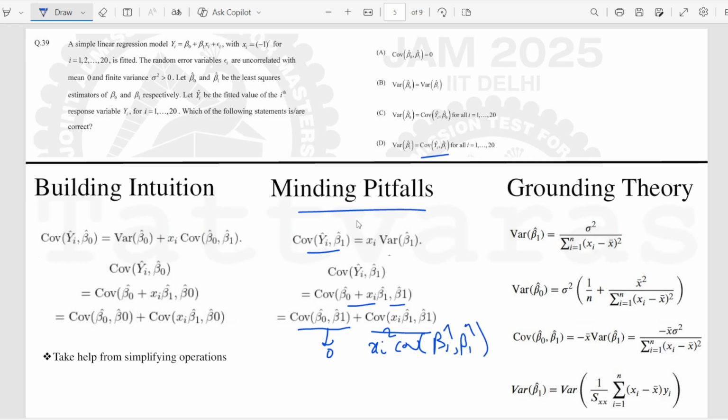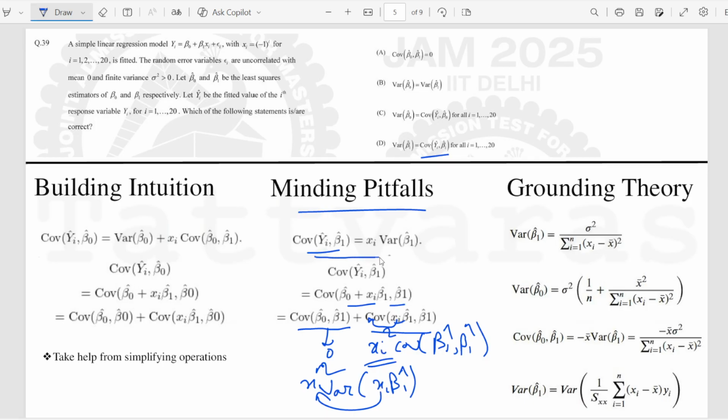And we may see that it's either -1 or 1, so the square is 1. But that's a mistake. When you have something inside the variance being taken out, then it becomes a square. But something inside the covariance which is present on one of the two inputs to the covariance, when it is taken out, it is taken out as it is. So this is something very important to note.